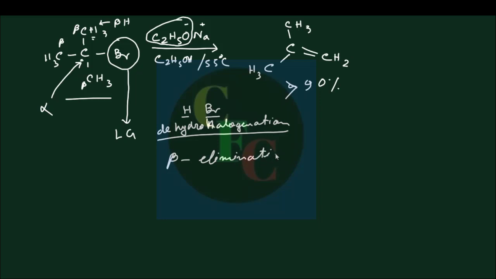Or in modern terminology it is called 1,2 elimination, because the atoms that are removed, in this case hydrogen and bromine, are from the 1 and 2 positions: 1 with respect to the leaving group, and 2 from the adjacent atom. So they are either called beta elimination or 1,2 elimination.